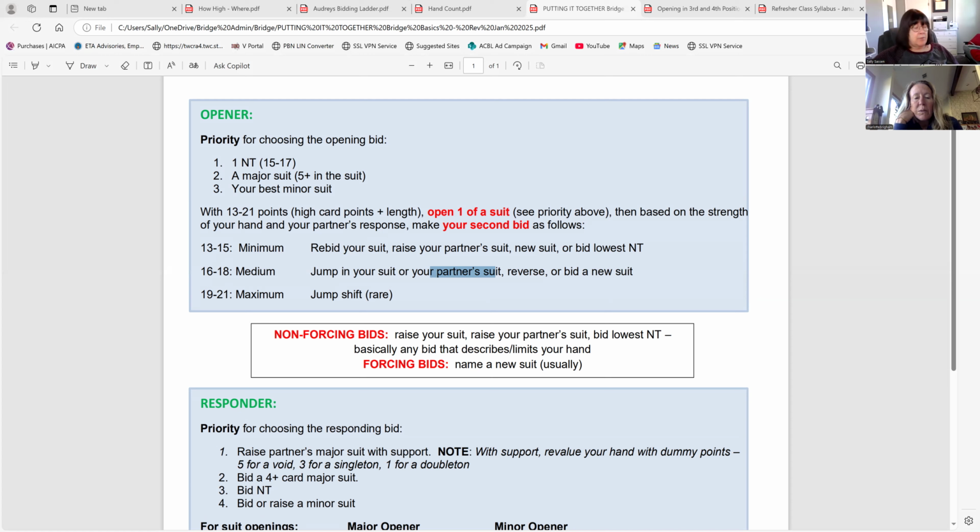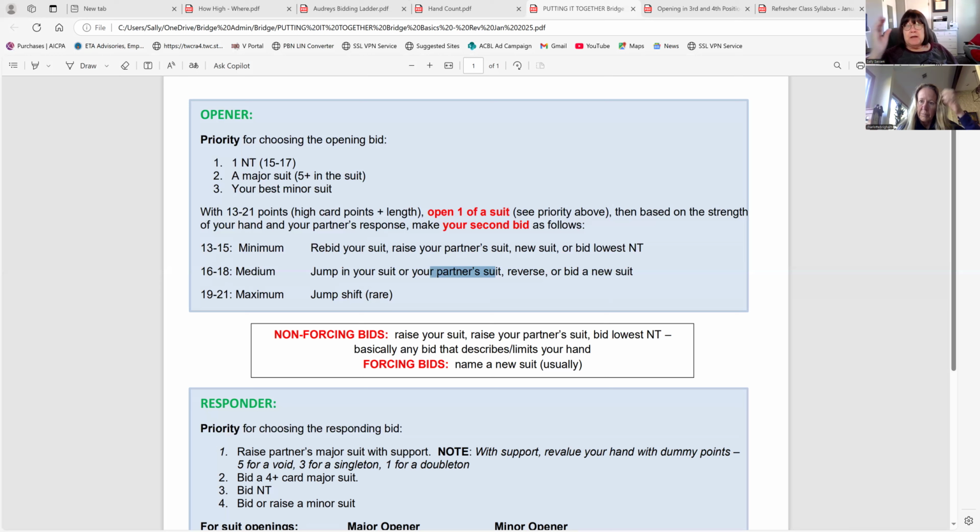So in this example, we've got 7 high card points, plus because we have a fit, partner has bid one heart, we have 3 hearts. So we have a fit for hearts. We are going to add 1 extra for the doubleton. So this values to be 8 points.